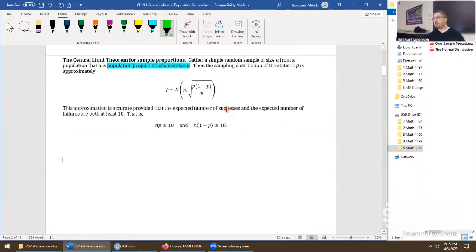So in the central limit theorem, we're dealing with the population proportion of successes, P. But in order to deduce formulas for a confidence interval and a hypothesis test, what we really want is the sampling distribution of the statistic. This is mirroring exactly what we did in chapter 13.